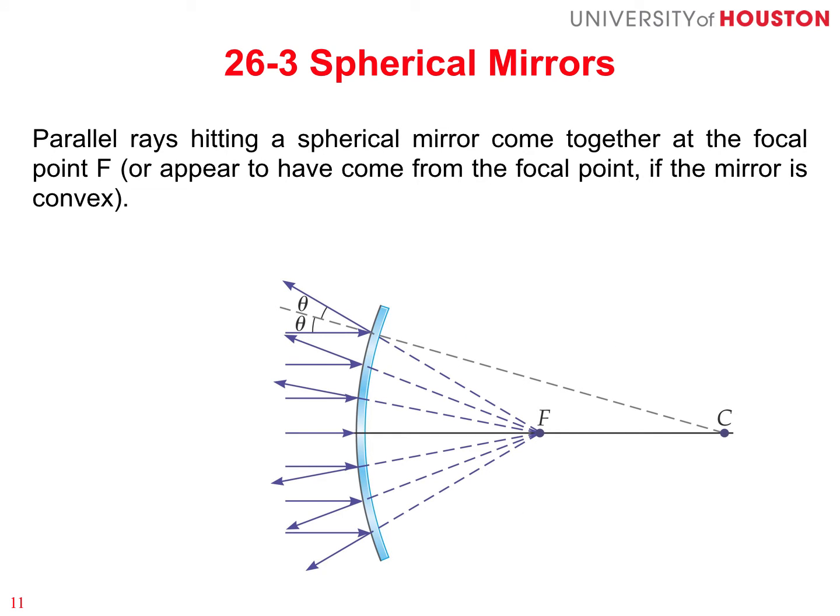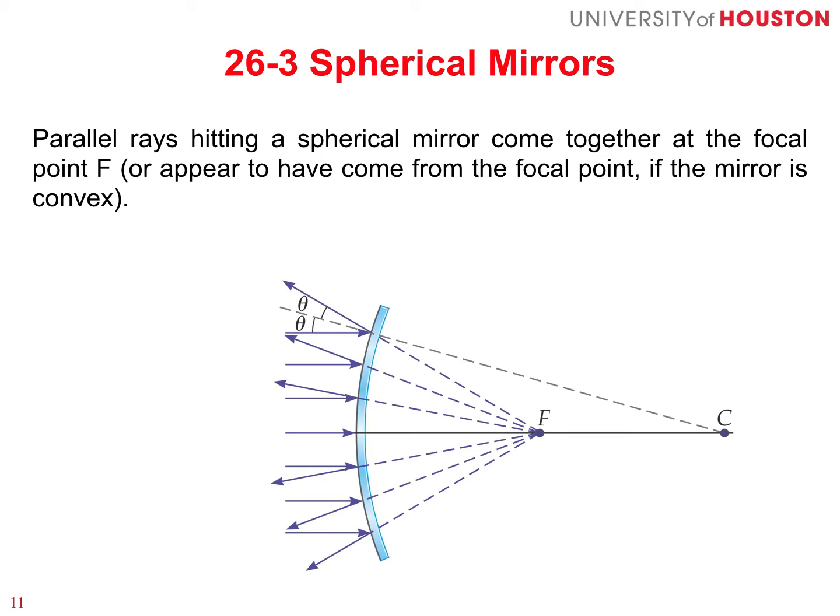In this slide we show what happens when parallel rays hit a convex mirror and are reflected back. The law of reflection applies. We can see one example where we have a parallel ray at the top and the reflected ray will have the same angle with respect to the normal as the incident parallel ray.